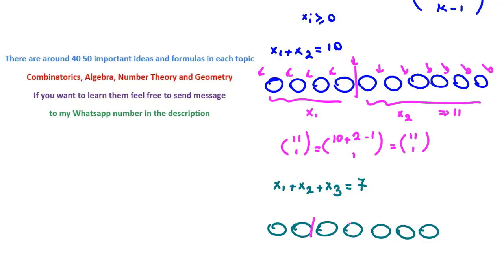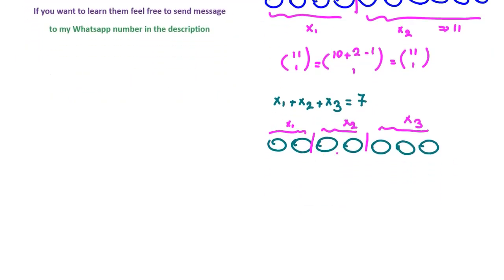For example, here, here. This one will be x1, this one will be x2, this one will be x3. So I want to find all permutations of 7 balls and 2 dividers. How many objects are there? 9 factorial, permutation with repetition: 7 of the same thing, 2 of the same thing. So it will be 9 choose 7 or 9 choose 2.